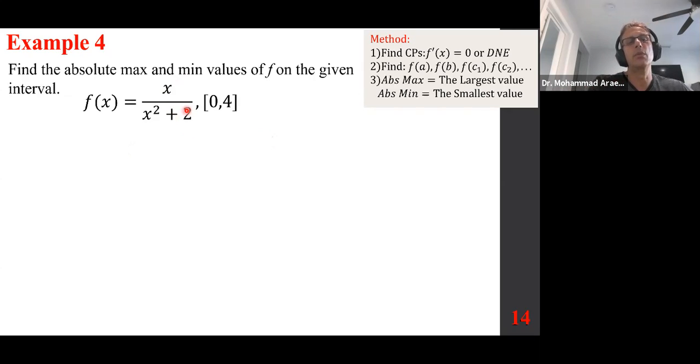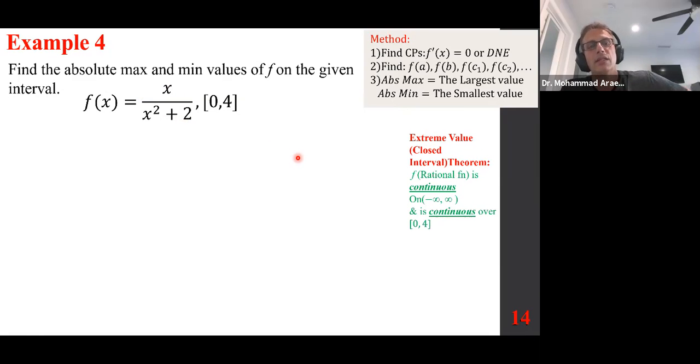As you can see, the denominator is x squared plus 2, therefore it can never be 0, doesn't produce any real solutions. So the domain is all real numbers. Again, that is not the case for all rational functions. The reason this rational function has a domain which is all real numbers is because the denominator can never ever be 0. Therefore, the function is also continuous from 0 to 4.